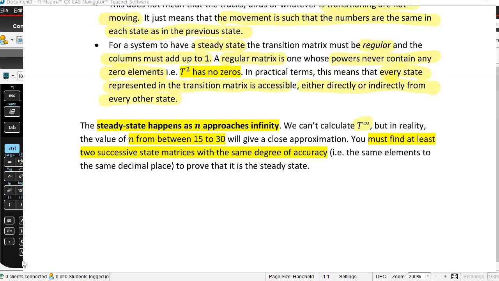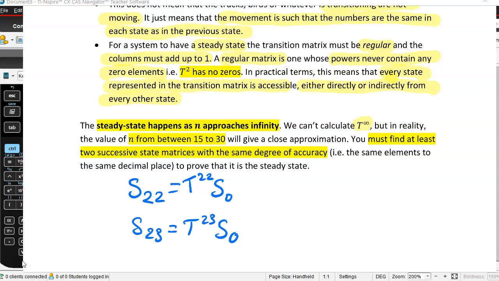So in other words, if we go S22, that was equal to T to the 22 times S0, and we found that. If we then go S23, T to the 23 times S0, and we find that S22 and S23 are exactly the same, or have the same elements to the same decimal place.